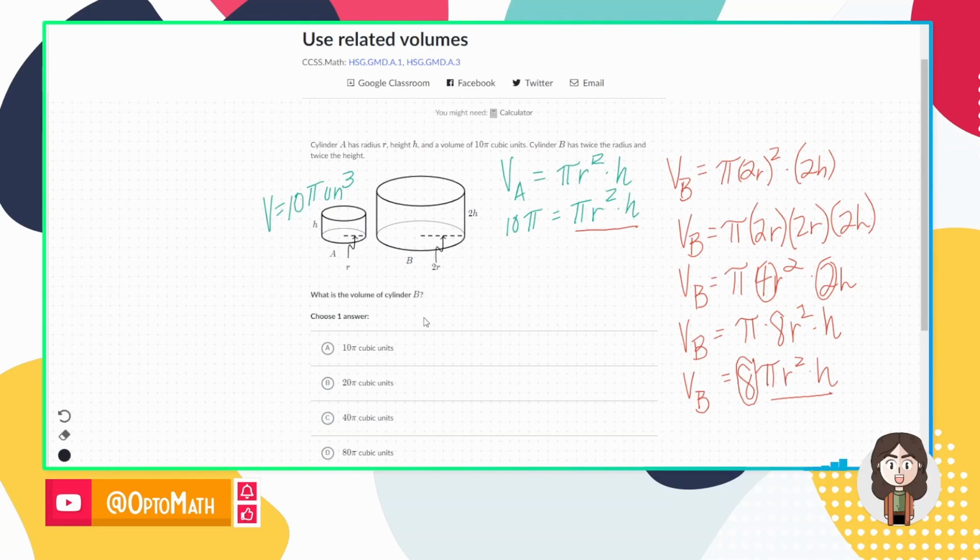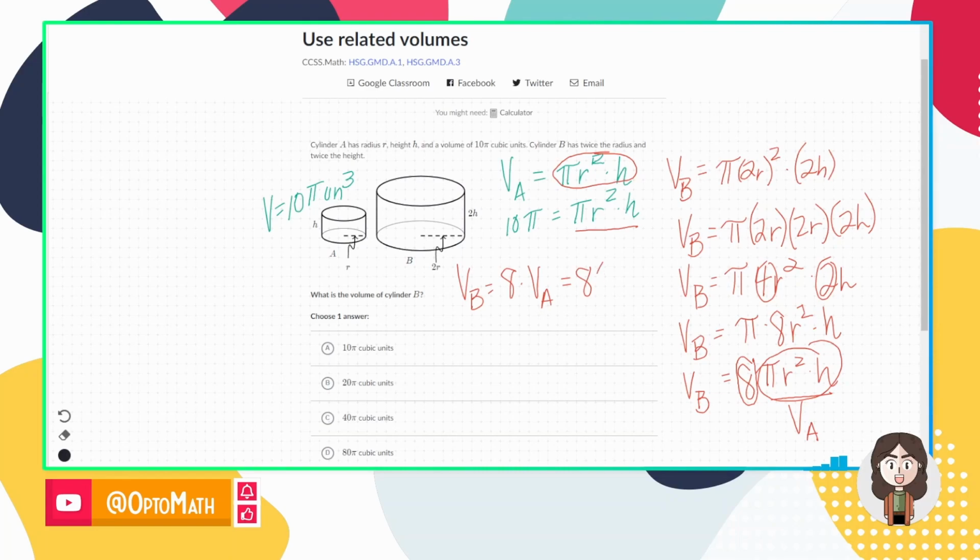So all we have to do is multiply the volume of cylinder A by 8. So volume B is 8 times the volume of A. Essentially, this right here could be rewritten as the volume of A. We could do some substitution there because they have the exact same expression there.